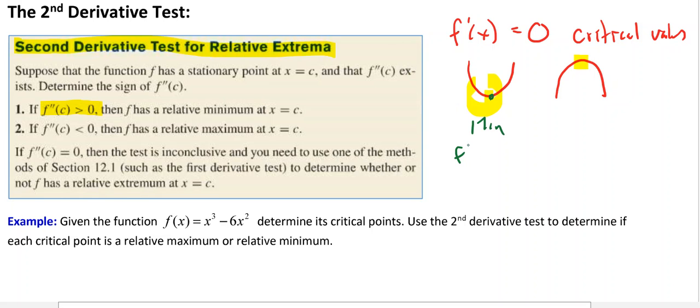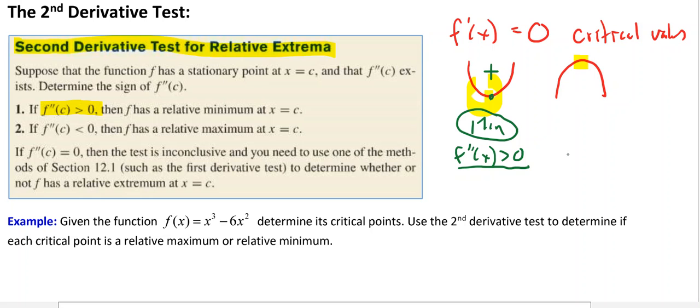If the second derivative is greater than 0, and we learned in a previous video that this is concave up, and the second derivative is always positive where the graph is concave up. So where the second derivative is positive, we are going to have a minimum.